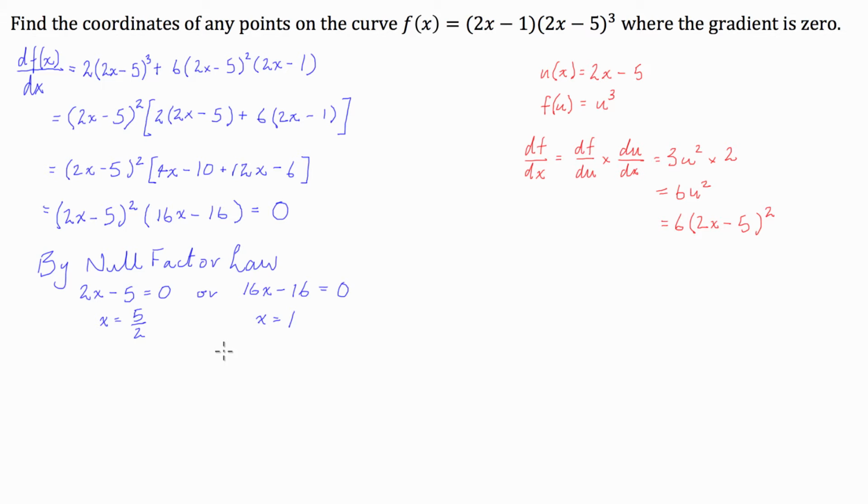The easiest way to do this, or the only way to really do this, is to get the x coordinates of the points where the gradient is 0, and then substitute them back into the original function up the top. I'll just quickly change color. That color you won't be able to see.